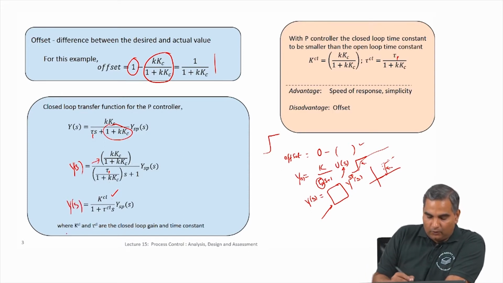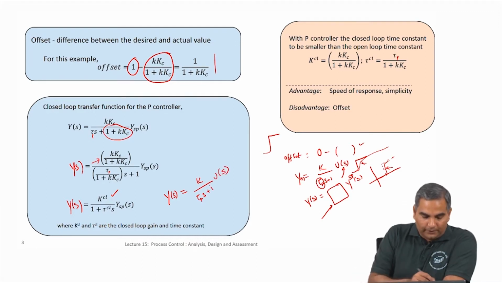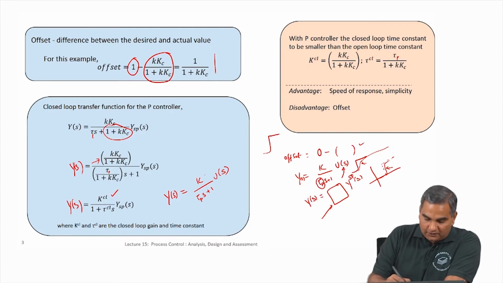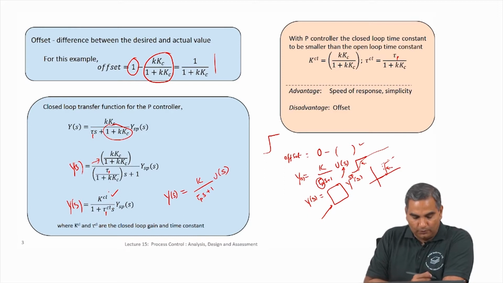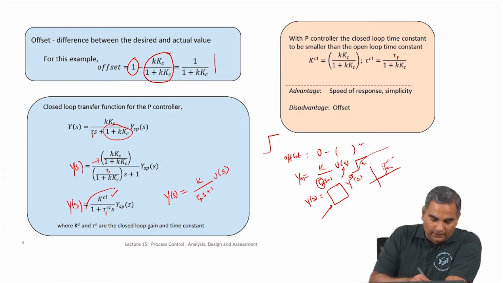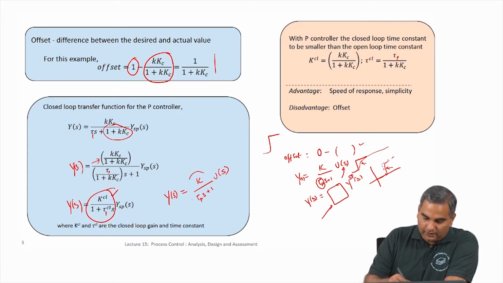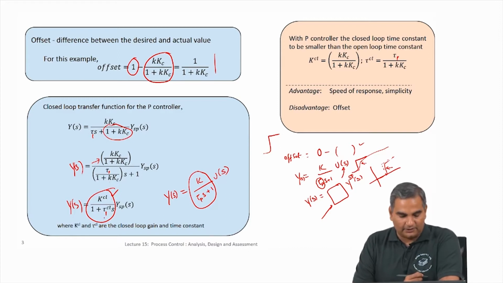In the open loop, the transfer function was y of s equal to K by tau p s plus 1 times u of s, and in the closed loop it is y of s equals K closed loop divided by tau p closed loop s plus 1, times y sp of s. So this is also a first order transfer function, except that the gains have changed and the time constants have changed.